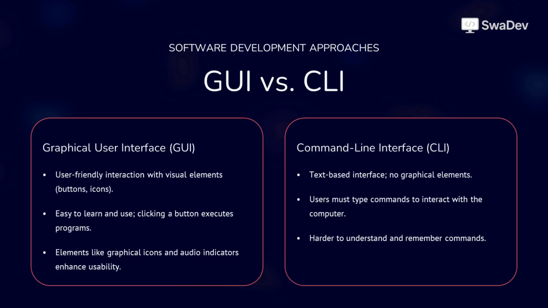In the command line interface, it is very hard to understand and remember the commands, because if a user wants to open a file, delete a file, or edit a file, they have to remember commands. But in the graphical user interface, there is no need to remember commands, just one mouse click.